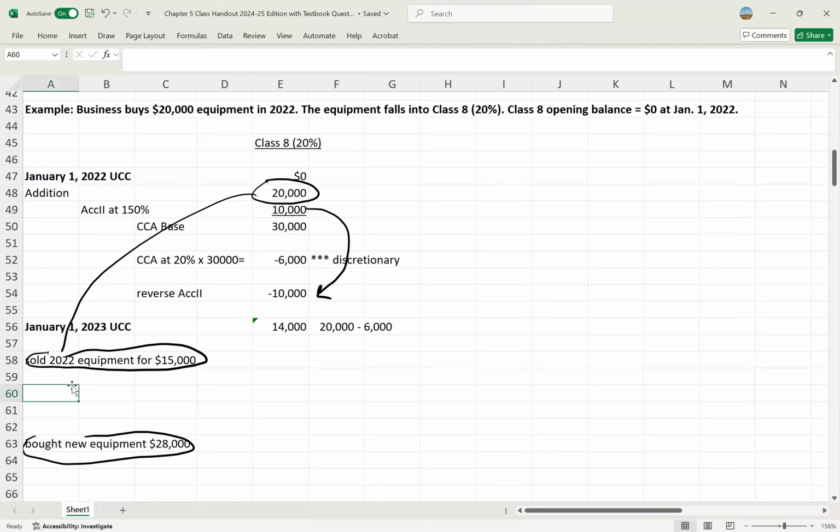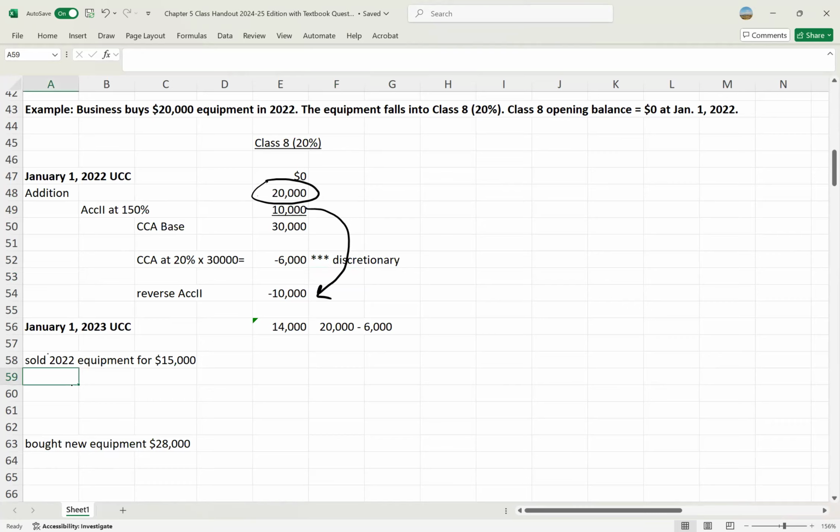Whenever you sell an asset for CCA purposes, you've got to remove that asset from the class. But the amount that you take off is going to be the lesser of two amounts. We deduct the lesser of the cost, which was 20,000, or the proceeds, and we got 15,000 for it.